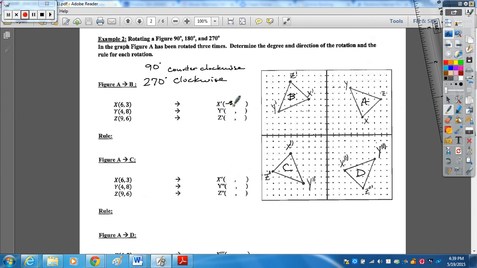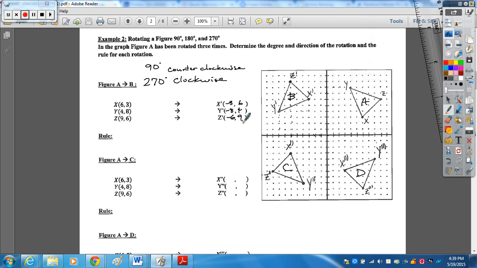So negative 3, 6. Y prime: negative 8, 4. And then Z prime: negative 6, 9.